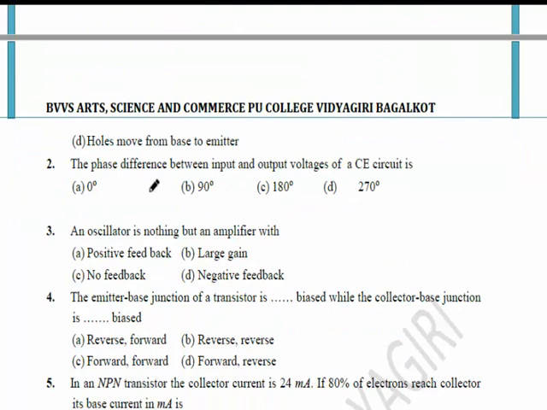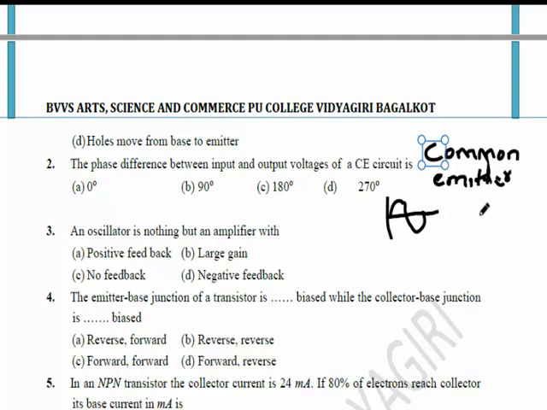Second question. The phase difference between input and output voltages of a CE circuit. CE means common emitter circuit. In a common emitter circuit, input and output are opposite.